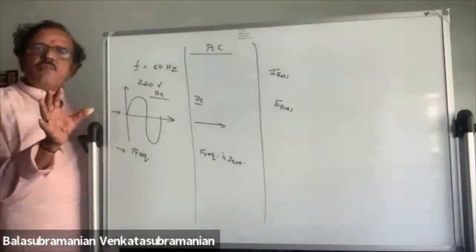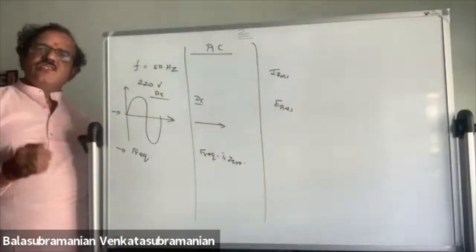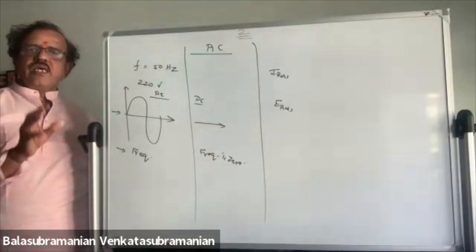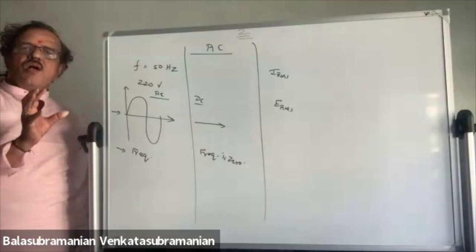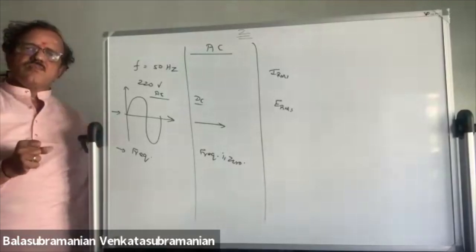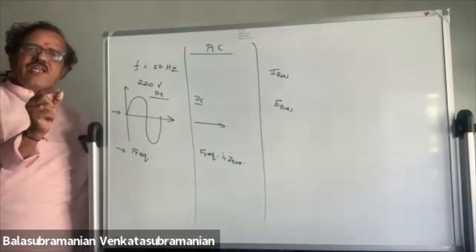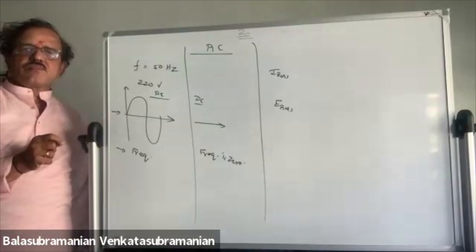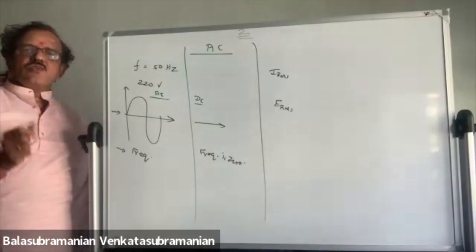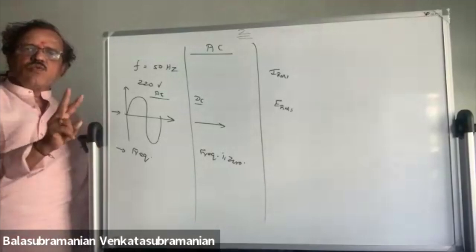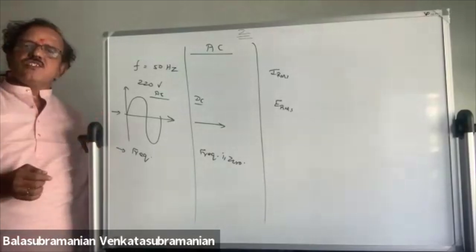There should be a common factor for AC and DC. You take a resistor, allow some alternating current to pass through for a given interval of time. What is the heat energy produced? You calculate. Say in 2 minutes, 100 joules of energy is produced.